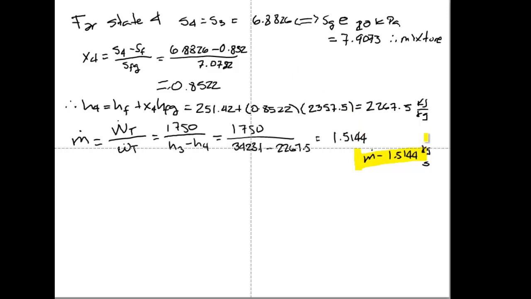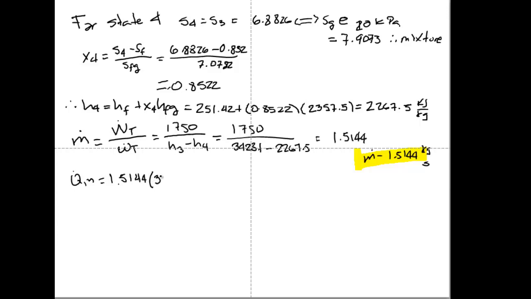With the mass flow rate, we can easily find out the heat addition rate and the heat removal rate. Heat addition will be the mass flow rate times H3 minus H2. Remember that this H3 minus H2 comes from first law analysis of a steady state boiler that we described in the previous video. So we already derived this formula.